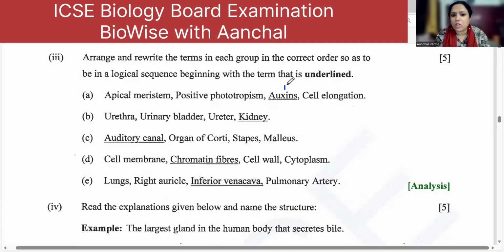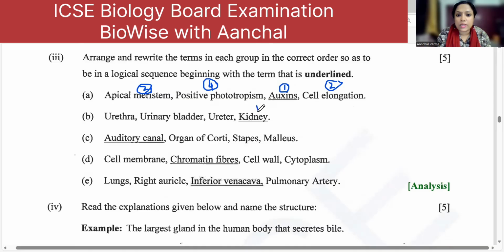First one is given as auxin. Auxin helps in cell elongation. Where? In the apical meristem. And that apical meristem will show positive phototropism. This is according to me. If you have some other answer, put it in the comment section.